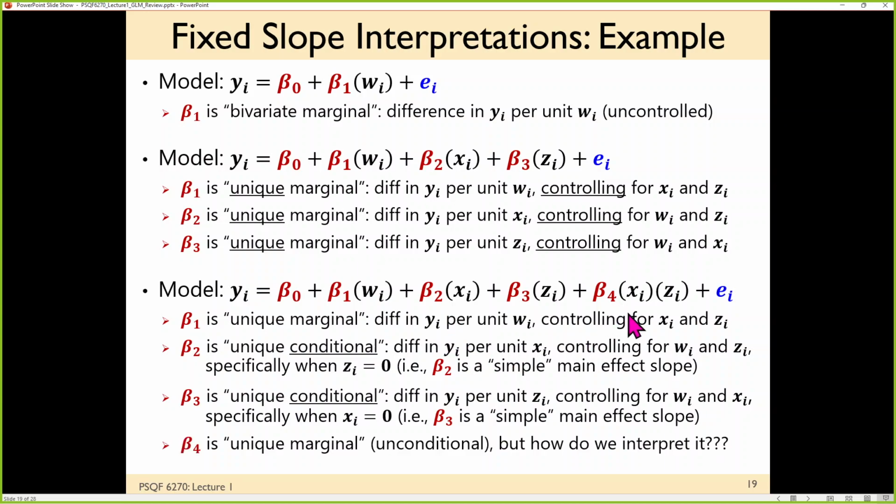Now the interaction term itself. It's unique because it's controlling for W. However, it's marginal. This is the interaction term for everyone. Can you think of how it might become conditional in another model if I had room on the slide to keep going? What would it take to make this interaction term conditional on something?